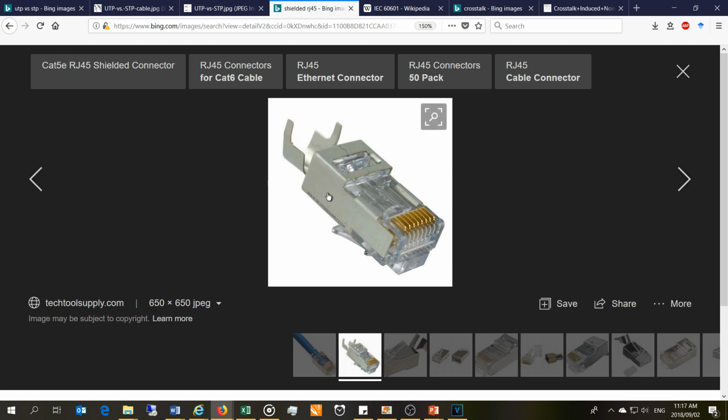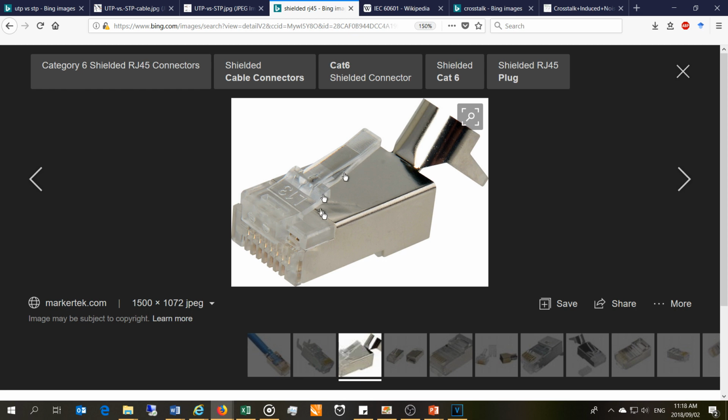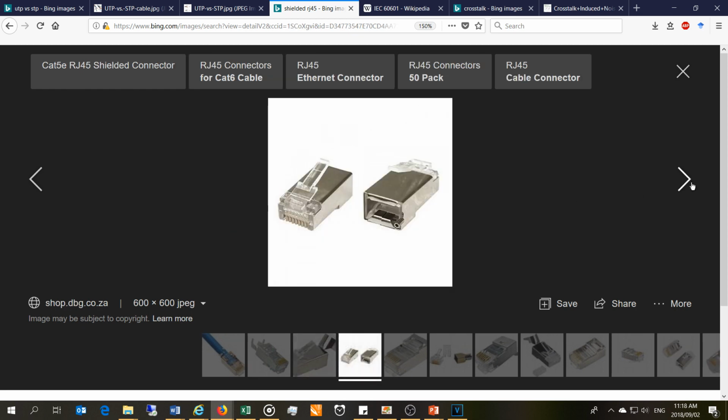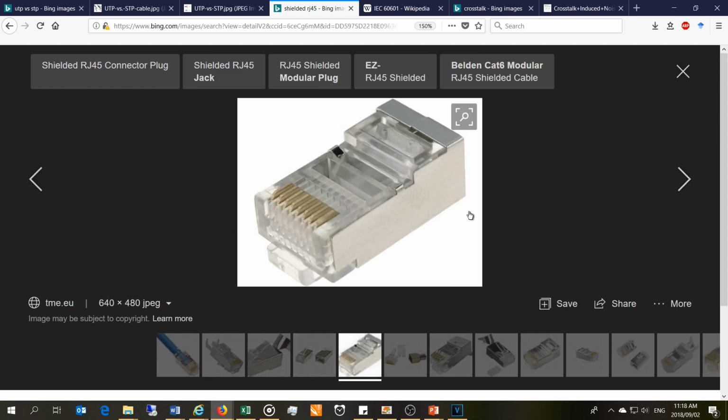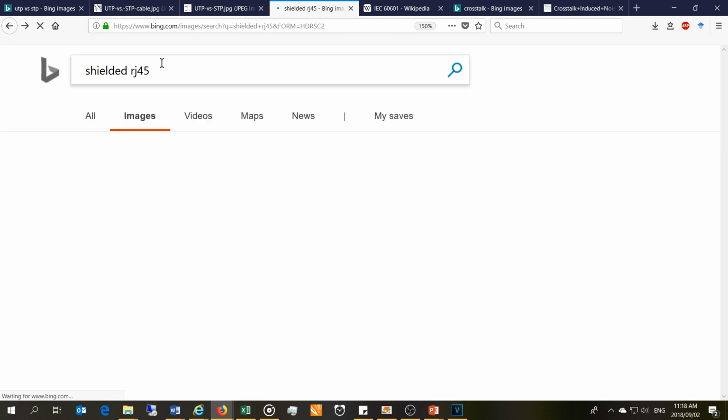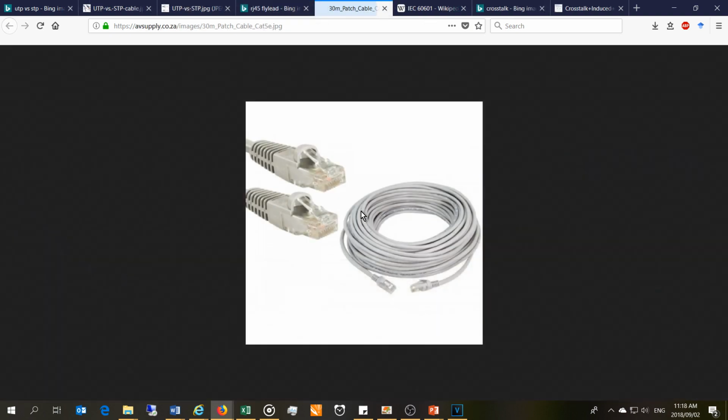And the reason for this is to get the potential on the one side of the cable and the other side of the cable or the fly lead to be at the same level, because you're supposed to earth this side and earth the other side so that you have no potential difference or voltage difference between the one side of the fly lead to the other side. So if I show you just the fly lead here, by shielding it and connecting both sides to an earth source, you're effectively keeping this entire cable at one voltage potential.